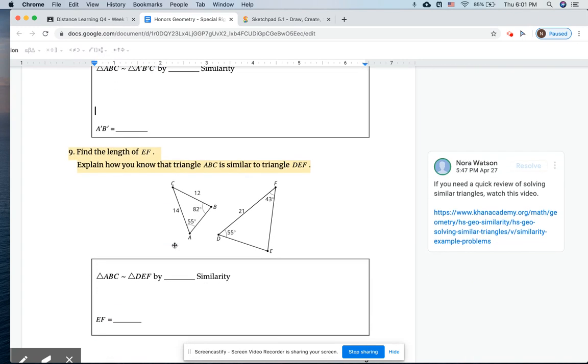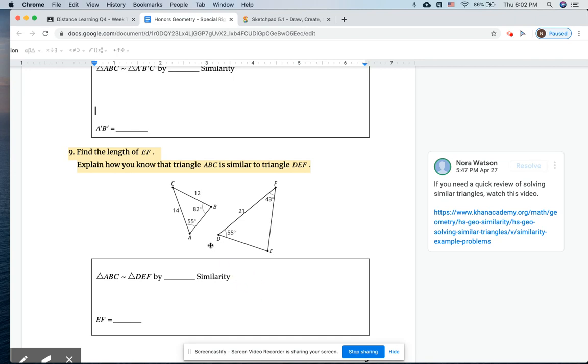And then to find the length of EF, well, first, notice that if you calculate the missing angle measure here, angle E, it's going to be 82 degrees. So these two triangles are also similar by angle-angle similarity. And then what you should do is figure out which sides are corresponding and set up a proportion.